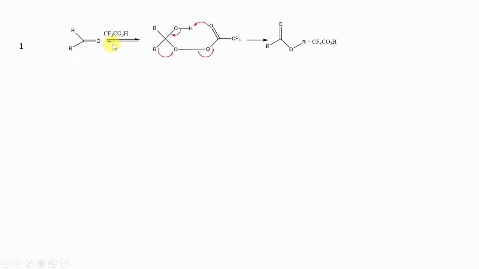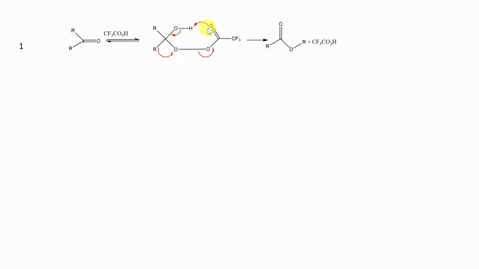First of all, trifluoroperacetic acid donates a proton to this oxygen, and thereby the peracetate anion attaches to this electron deficient carbon atom, forming this molecule. Then alkyl shift takes place to the electron deficient oxygen, whereby this rearrangement takes place.